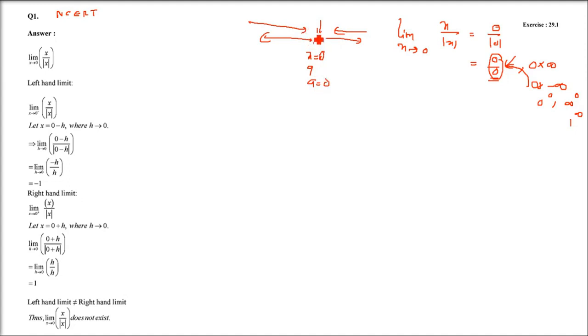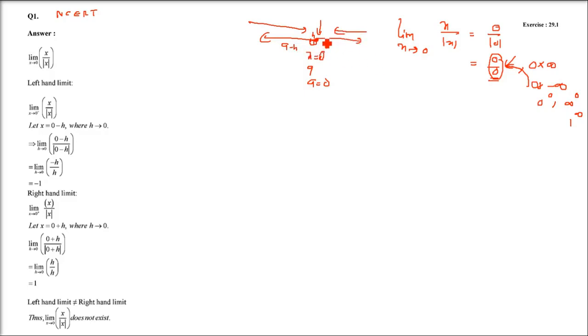Whenever we want to come closer to 0 from the left side, we just stop at a certain point, that is a minus h, very close to 0. This h has to be a very small number. We want it to be 0, but it's not possible, so it has to be very small.